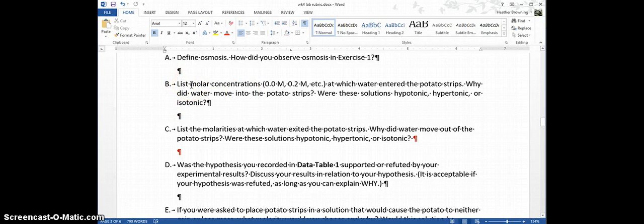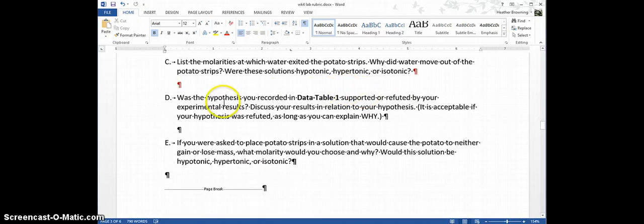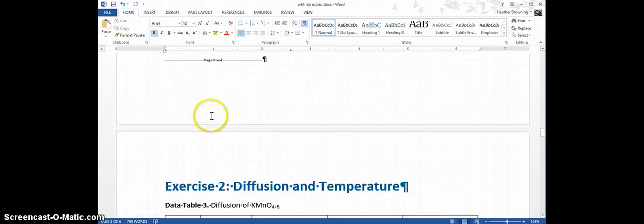References. List your concentrations. What type of tonic were they? The lab manual has really nice pictures on tonic states, very nice. Molarities, tonics, what's your hypothesis? Was it refuted or not? And what do you think for tonic?